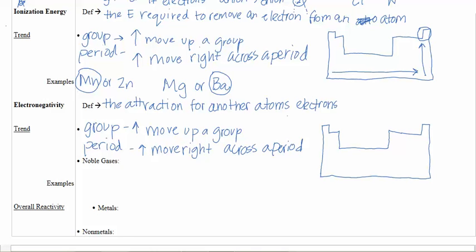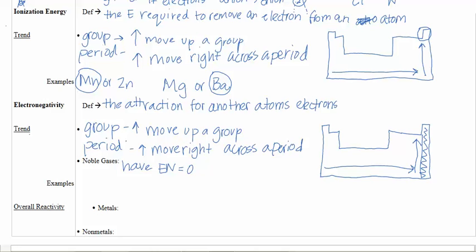All right, so we can draw this again, and I want to pay special attention. Remember, these guys are our noble gases. So we're going to mark those out, and this trend goes right and up, and it leaves out the noble gases. Noble gases, their electronegativity value is 0.